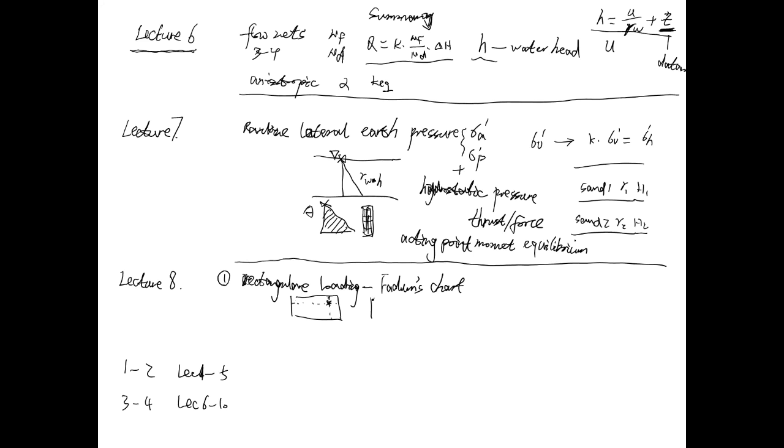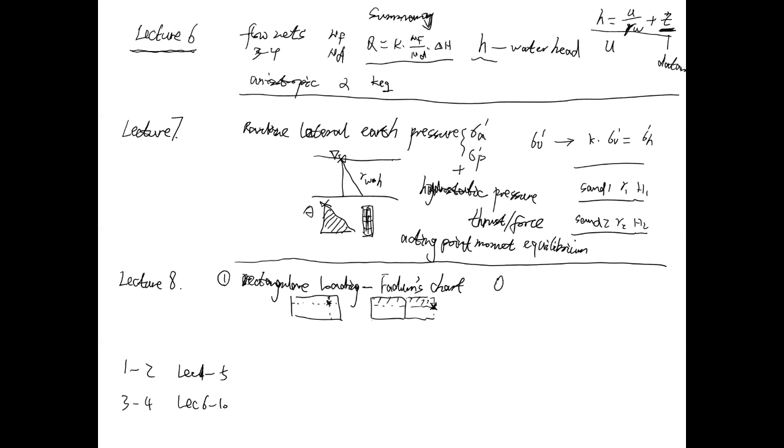Or if your point is somewhere outside, let's say here, then you have to construct some rectangular loading areas and do the calculation accordingly, either sum or minus, but it has to be the corner of all the rectangles that you construct. So that's for the rectangular loading.